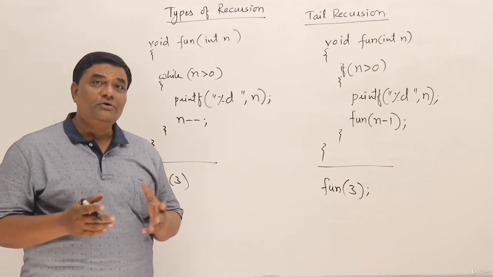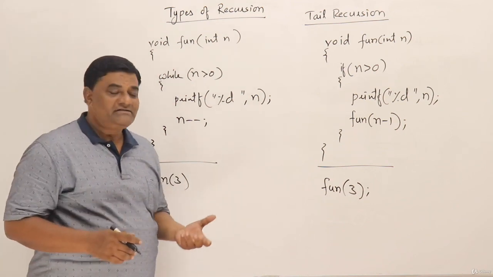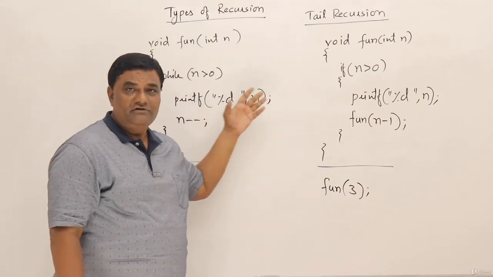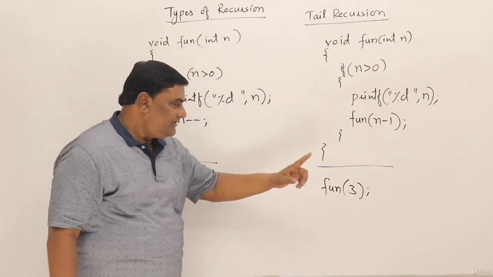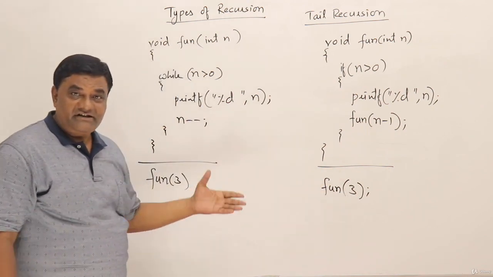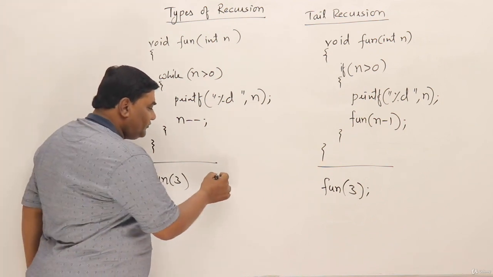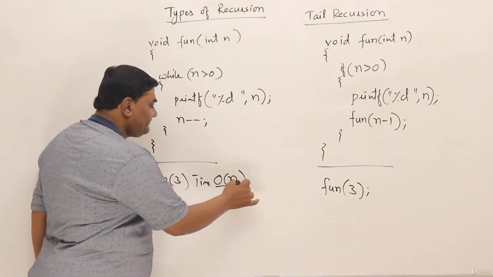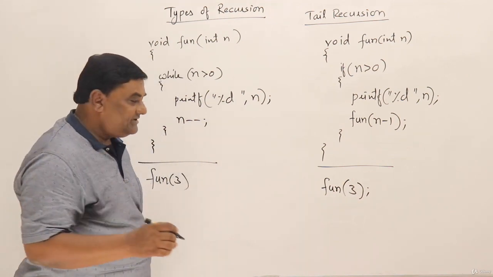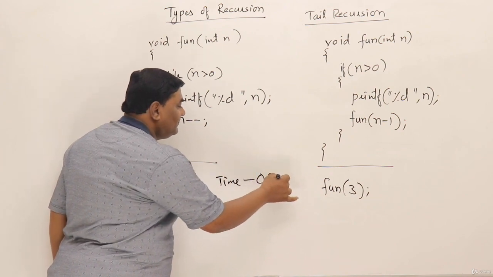Now let us decide which is more efficient. In terms of time, this is printing 3 values and this will also print 3 values. So the amount of time spent is the same. Whatever the value of n is, if it is 3, then it is 3; if it is 5, then it is 5. So the time taken by both of them is order of n.